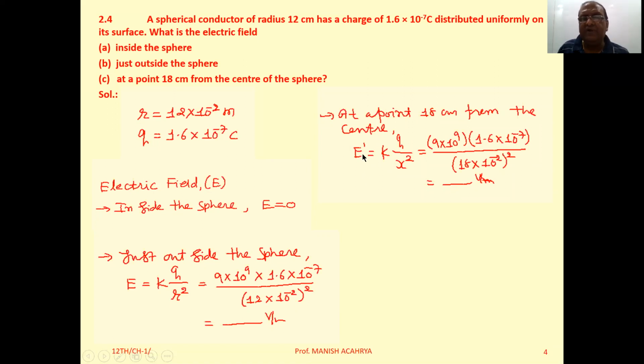Now electric field E dash is KQ upon X square, since here the distance is taken as X. K is 9 into 10 raised to 9, Q is 1.6 into 10 raised to minus 7 upon X, that is 18 into 10 raised to minus 2, and square of it. Solve it, you will get the electric field at 18 centimeter from the center. Clear to all of you?